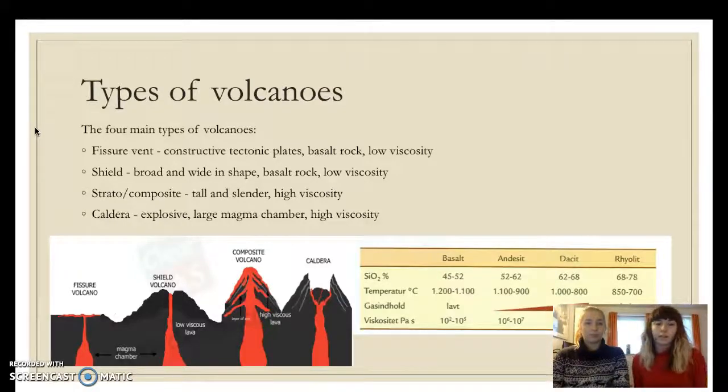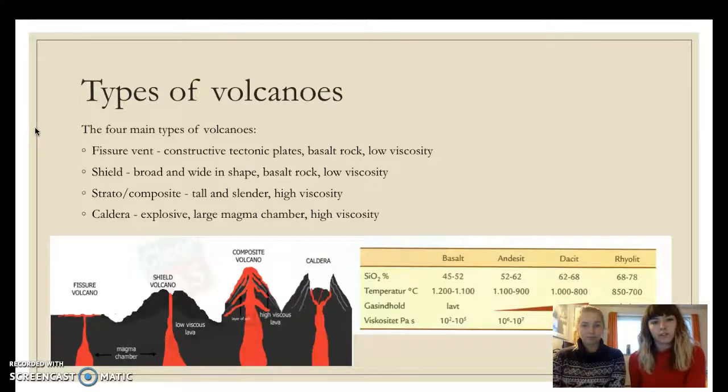And then there are the shield volcanoes, which are broad and wide in shape, and they're also made of basalt rock, and therefore also have a low viscosity. That can be seen in the shield shape, because the lava just runs out to the edges and therefore doesn't make it taller.